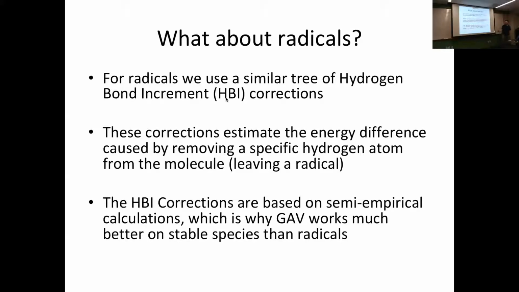And these HBI corrections are much better than nothing, but they're based on semi-empirical calculations, and we haven't been able to find anything better yet. What this results in is that in general, these group additivity methods will work a lot better on stable species because these HBI corrections aren't based on high-level calculations. But they work reasonably well for our purposes, although the important radicals are particularly important to calculate at a higher level or get experiments for.